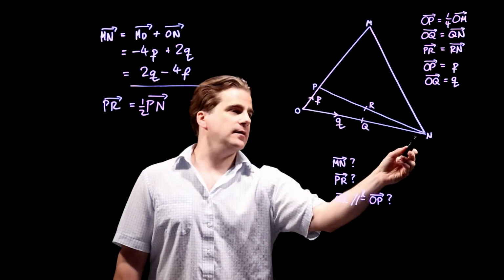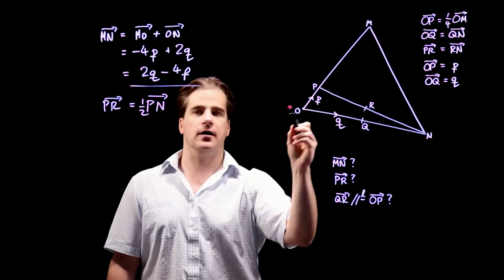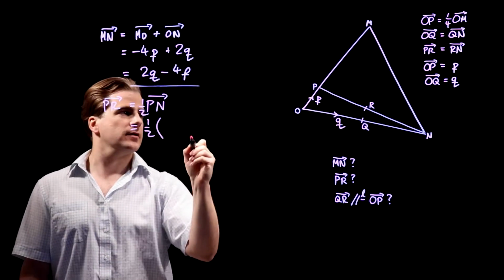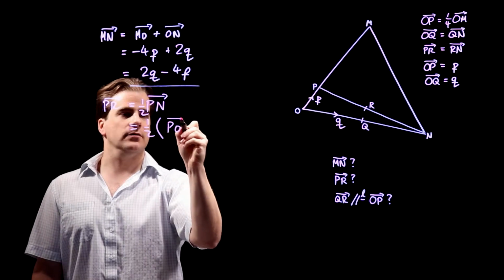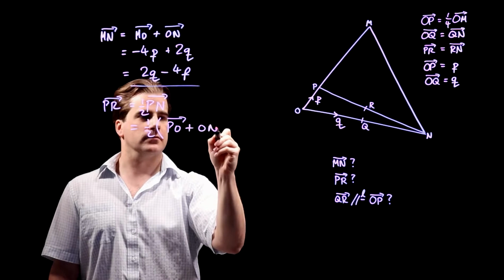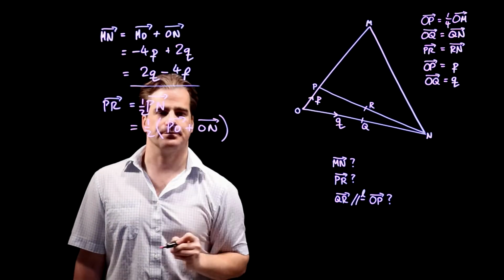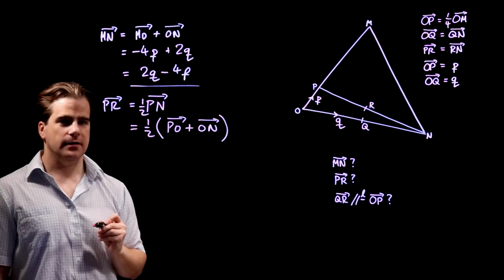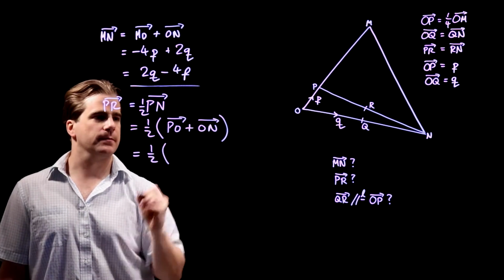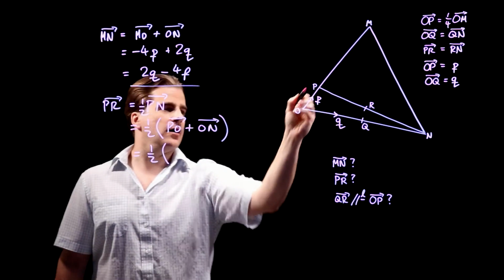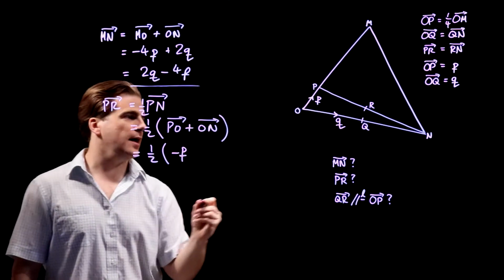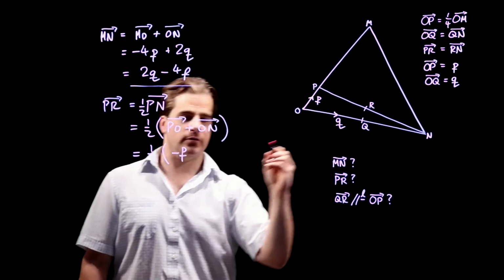So P to N is P to O, so that's half of P to O, and then O to N. Okay, so that's half of P to O is minus P. O to N, like before, is 2Q.